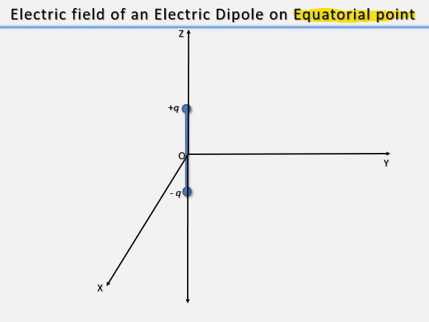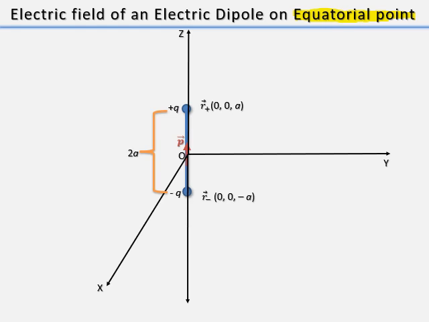Let the separation between these two charges be 2a and let the dipole moment p go from negative charge to positive charge. So the position vector of plus q, denoted by r positive, is (0, 0, a), and the position vector of the negative charge, denoted by r negative, is (0, 0, minus a).